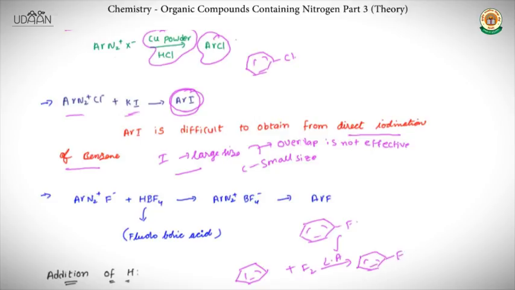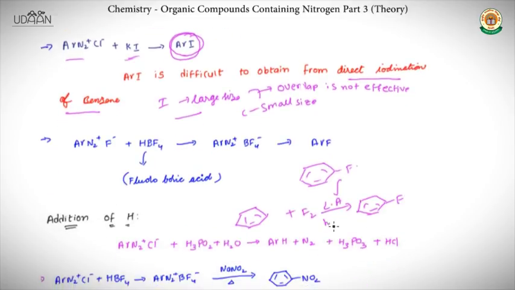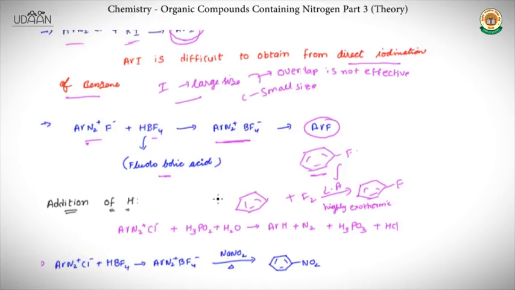But this reaction is highly exothermic, so the reaction vessel in which you take it gets heated up, and so it is not so easy to carry out this reaction. But there is an alternative way through this reaction, where you treat this diazonium salt with fluoroboric acid. You are going to get a complex like this one, and finally you are going to get ArF, or this structure.